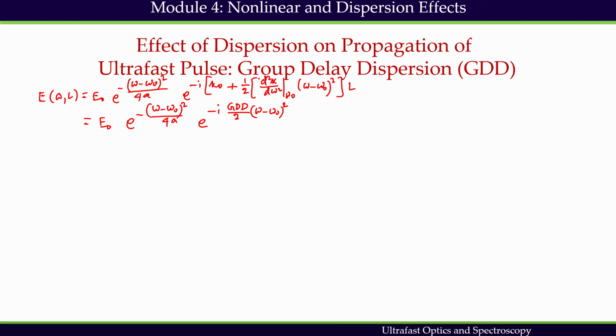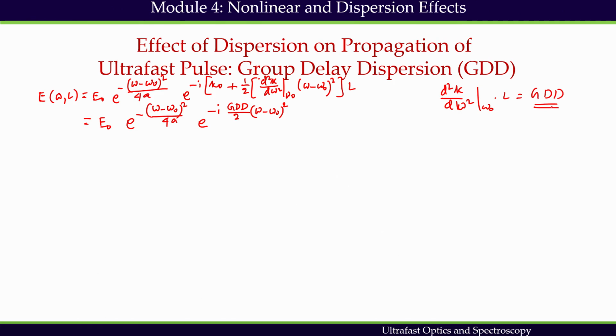GDD is nothing but d2k d omega 2 at omega naught multiplied by L, which is the group delay dispersion.